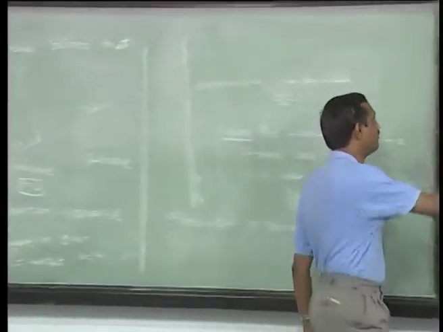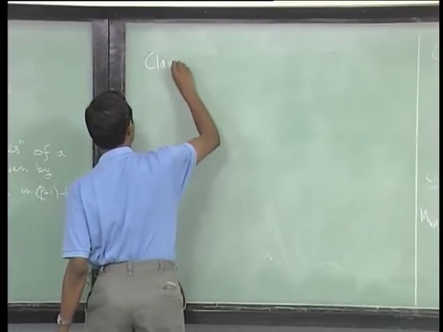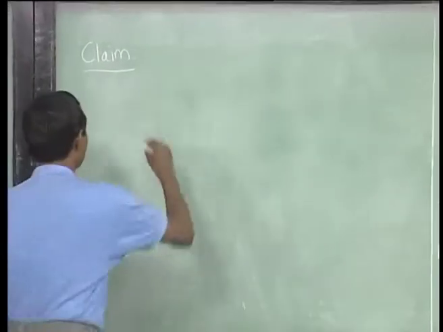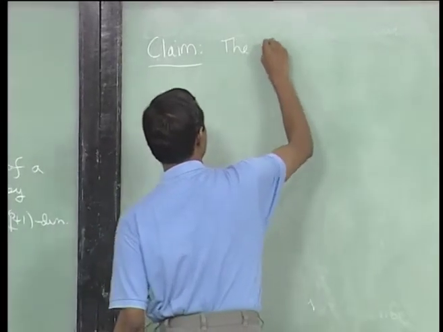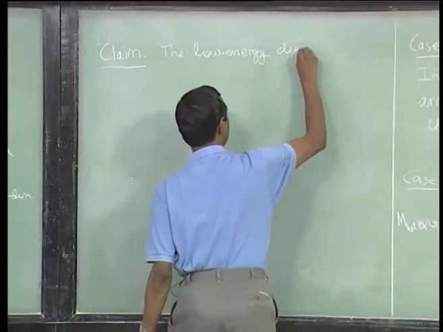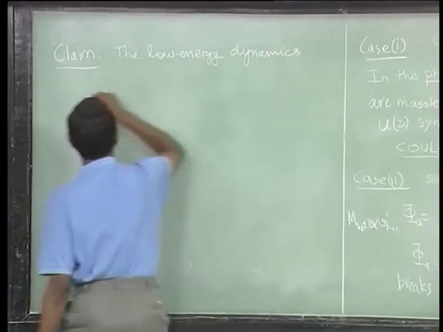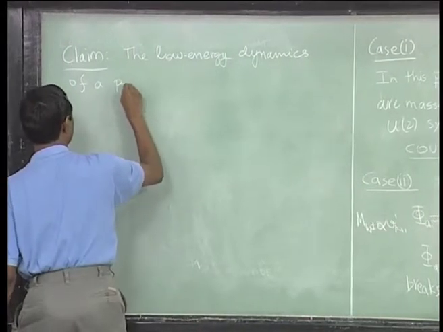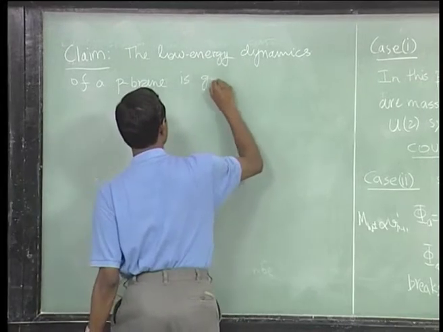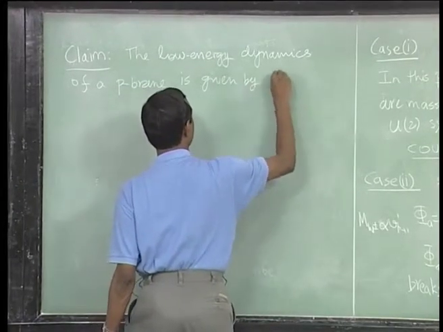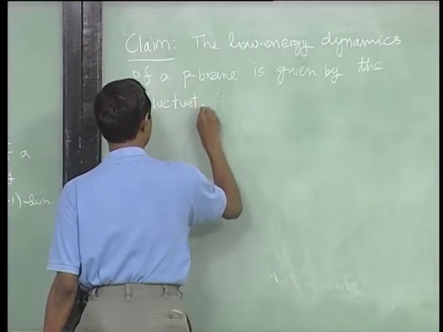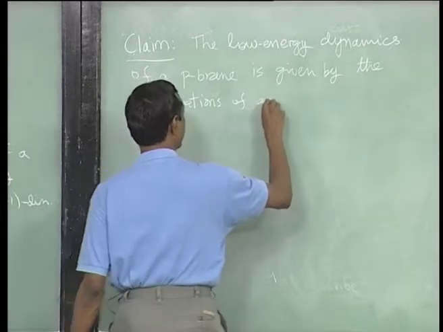And the claim, because I will not be proving it, and I do not think it is proven in a rigorous sense, but there is a lot of evidence for this, is that the low energy dynamics of a p brane of the kind I am talking about is given by the fluctuations of an open string.